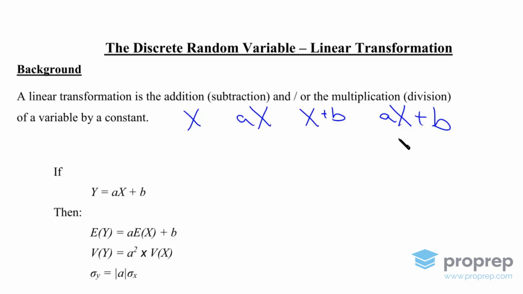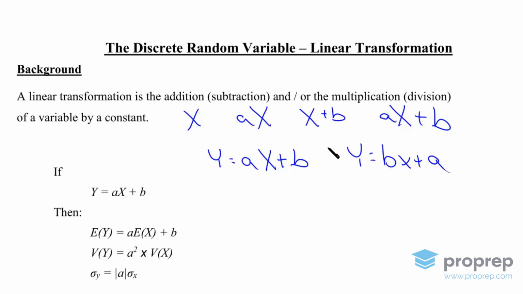Now, having done that, we don't have x anymore. We have a linear transformation of x. So let's call this transformation y, and y would be ax plus b. Some of you may have seen y equals bx plus a.